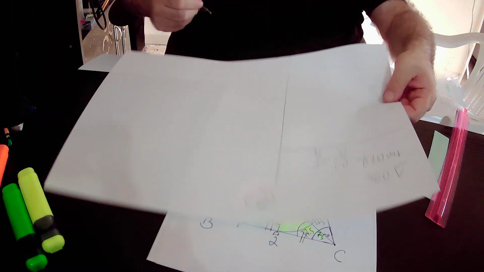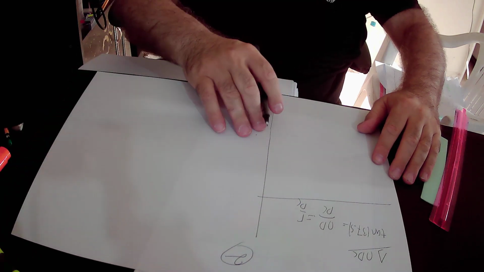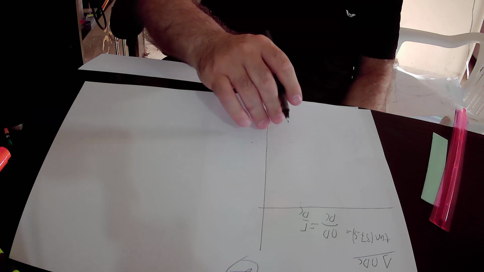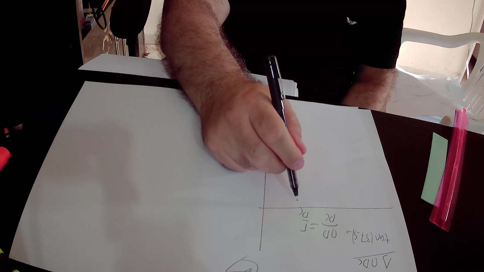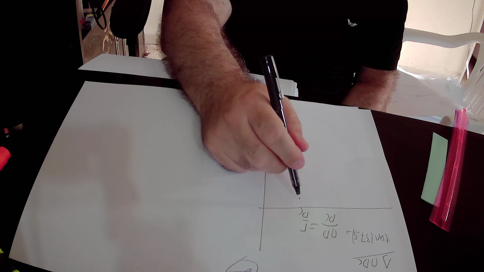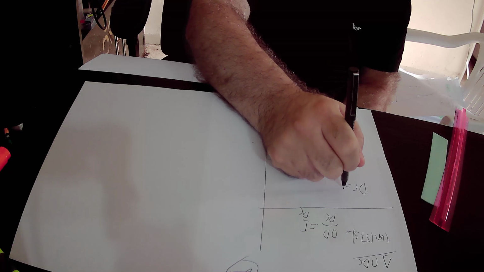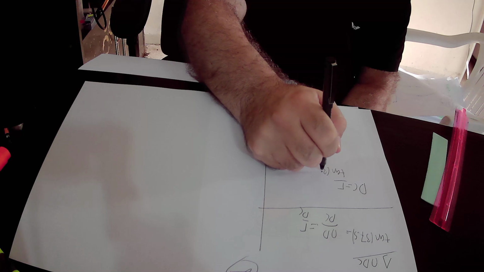Tangent 37.5 degrees equals R over DC. Here, we multiply this equation by DC, and then we divide it by tangent 37.5 degrees, and we get that DC is equal to R over tangent 37.5 degrees.